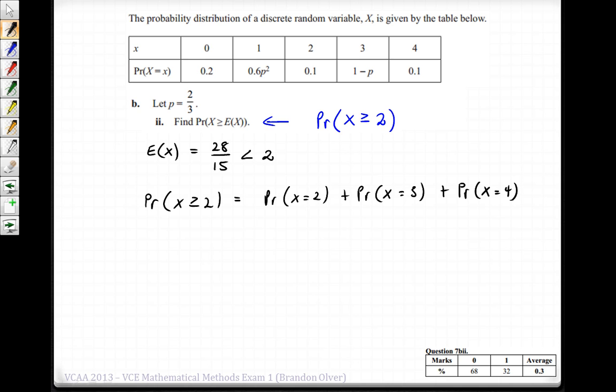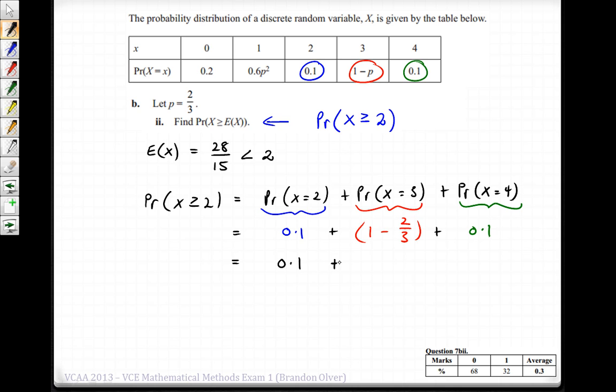So in that case we can just pluck them out of the table. So here we'd have that's equal to, so the first term, if I do it in blue, that's 0.1. The second term, if I do it in red, is 1 minus p, which is 1 minus 2/3. And then the third one, the probability that x equals 4, if I do in green, is just 0.1. So if we add those together, we get 0.1 plus 1/3 plus 0.1.